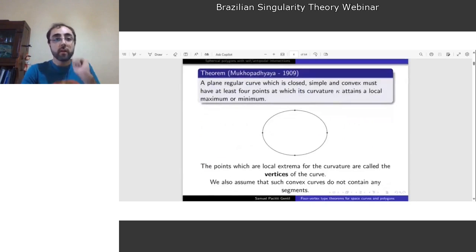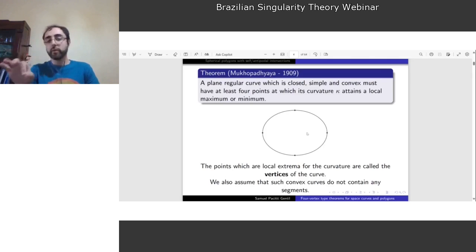So our story starts in 1909 when the Indian mathematician Mukhopadhyaya proved the following theorem. Suppose that you have a plane regular curve which is closed, simple, i.e. it doesn't have self-intersections, and moreover it is convex. This means that the interior of the curve is a convex region.